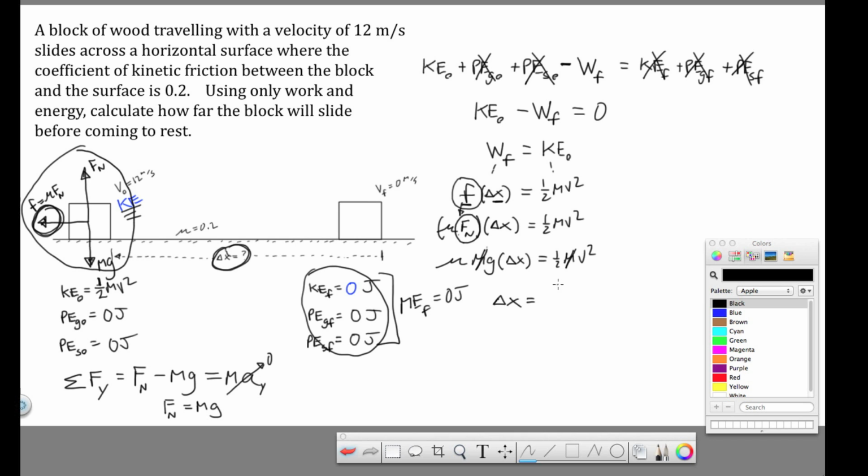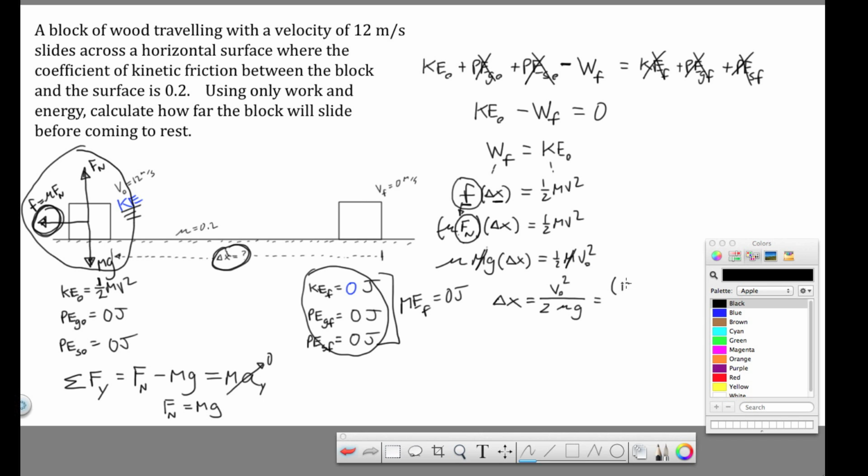All right, so doing the algebra, we get delta x equal to v squared, that's v initial squared, divided by 2 mu g.